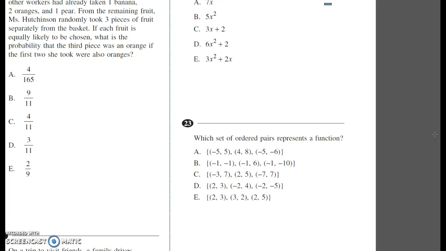So what we're looking for in a function is that a function cannot have the same x repeated twice. So let me say that again. A function cannot have the same x repeated twice. So let's just go through and see.